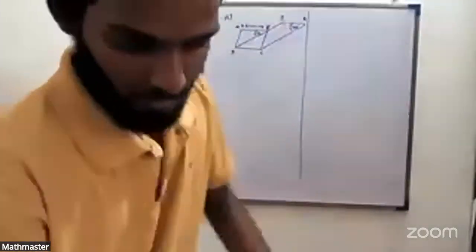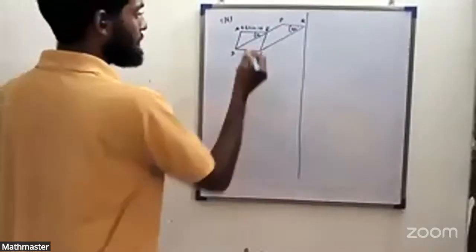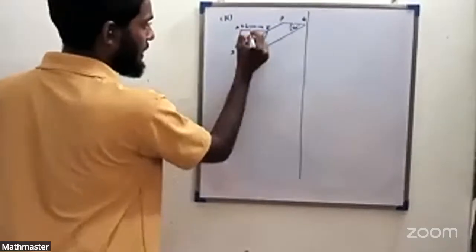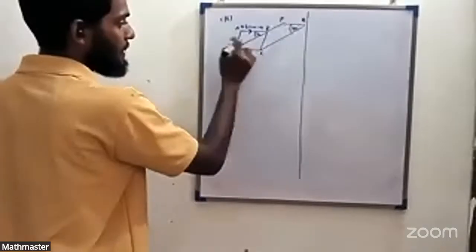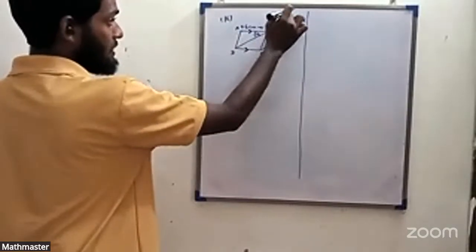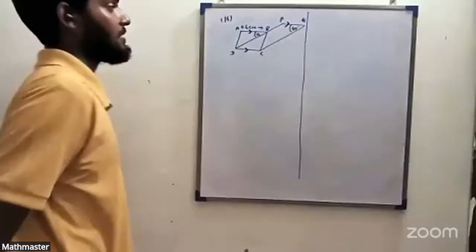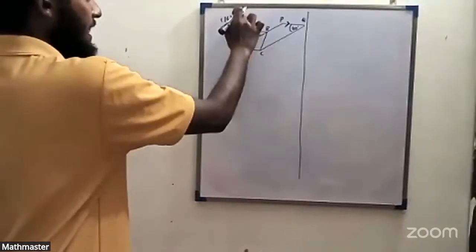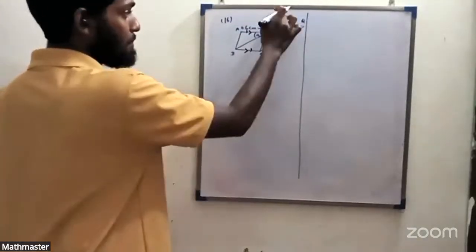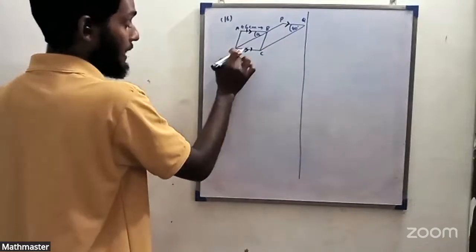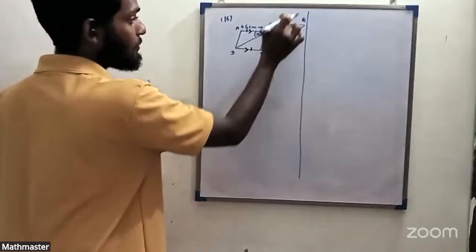Let's apply. In a parallelogram, the opposite sides should be parallel. In parallelogram ABCD, this is parallel, and in parallelogram PQCD, this is parallel to this. That is done. Then the opposite sides should be equal. AB is equal to CD, and in parallelogram PQCD, side DC should be equal to PQ. At once we can get the answer.